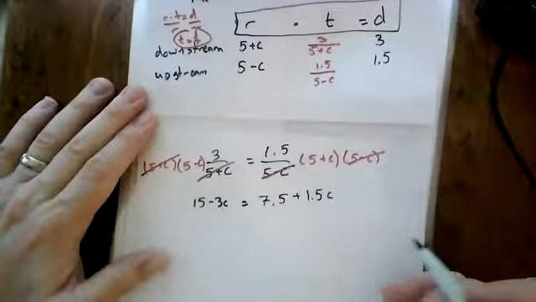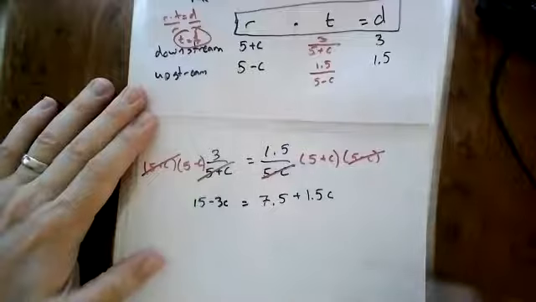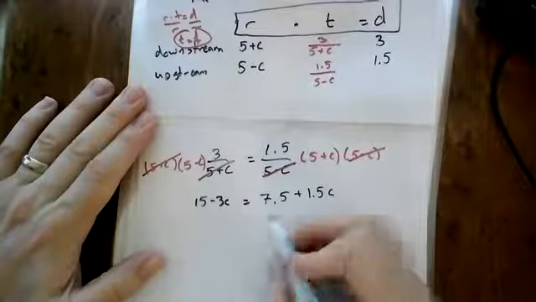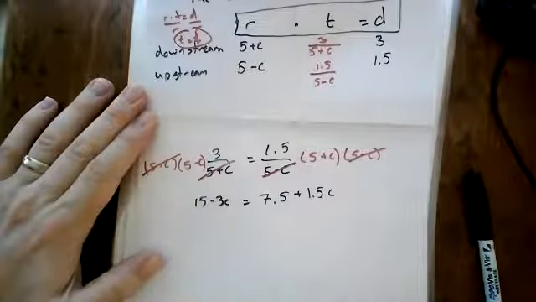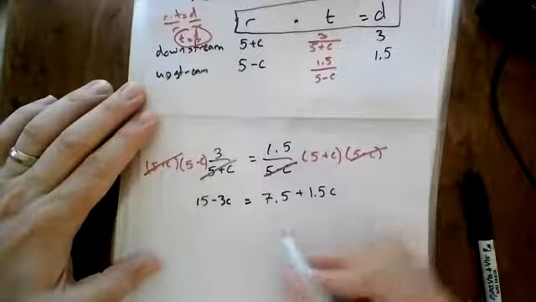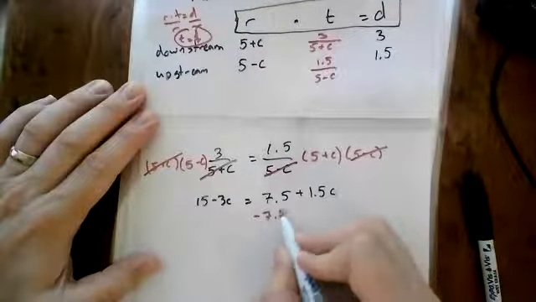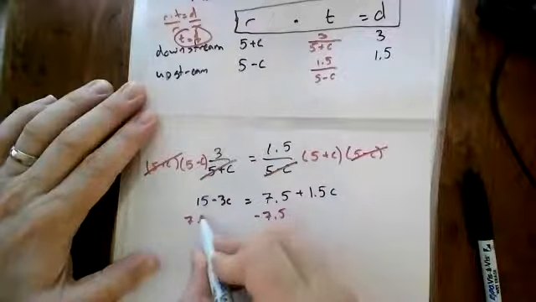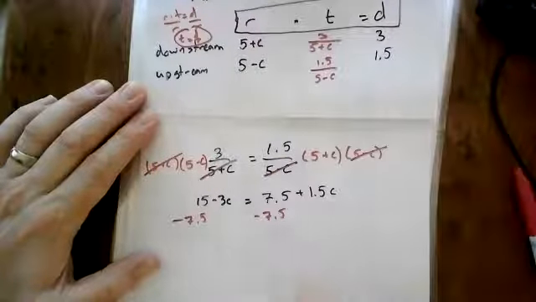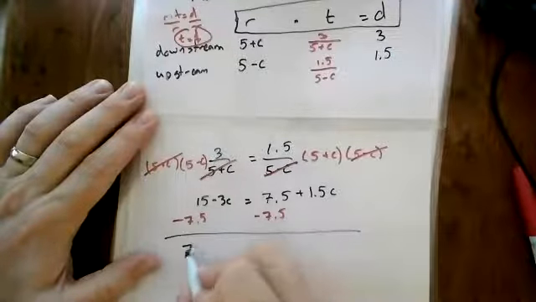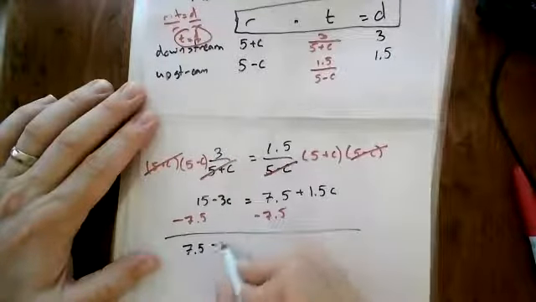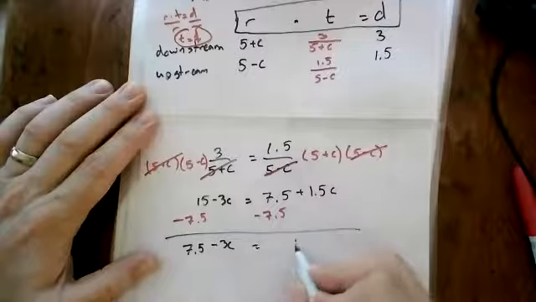But from here I can solve this equation. I won't say it's trivial. It still takes a little bit of effort. I'll subtract 7.5 from both sides, so that I've got 7.5 minus 3c is equal to 1.5c.